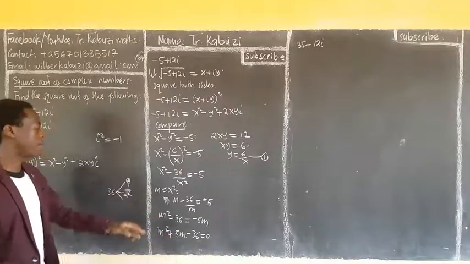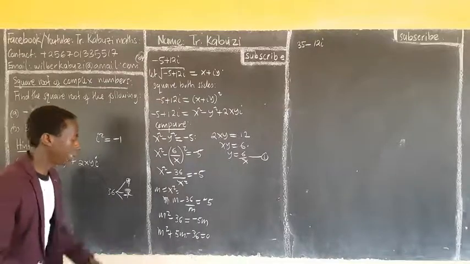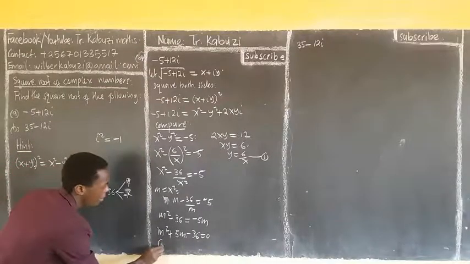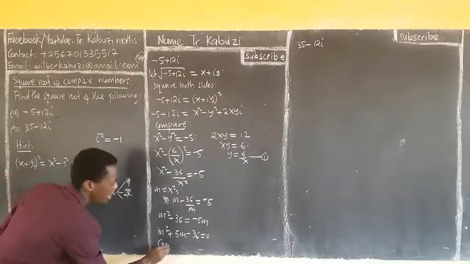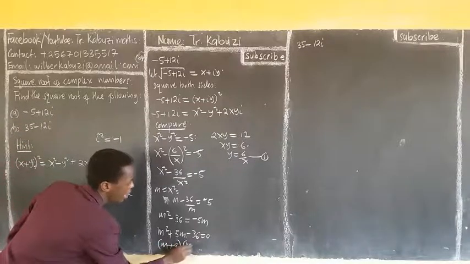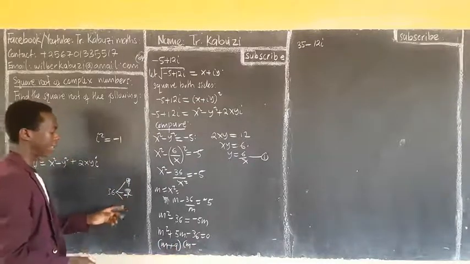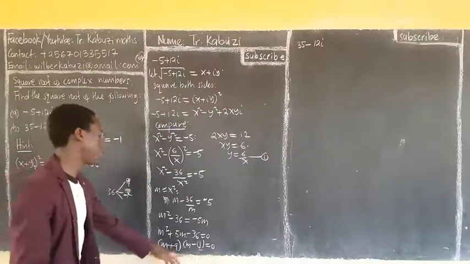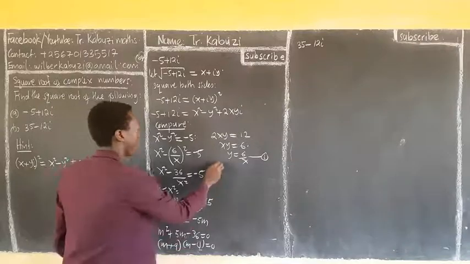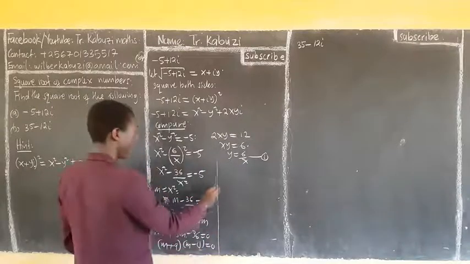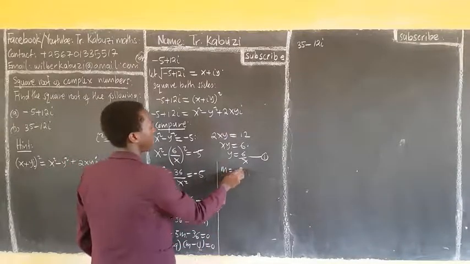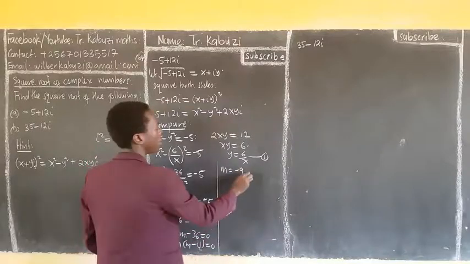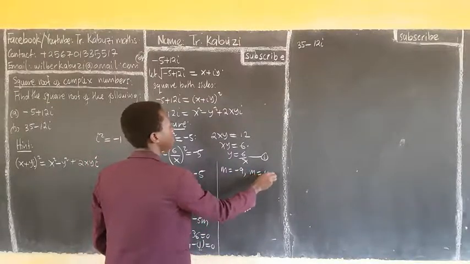When I multiply them, I get negative 36. So meaning, this is going to be m plus 9, then m minus 4 equaling 0. If I expand this, you get that. So from there, your m is either negative 9 or your m is positive 4.